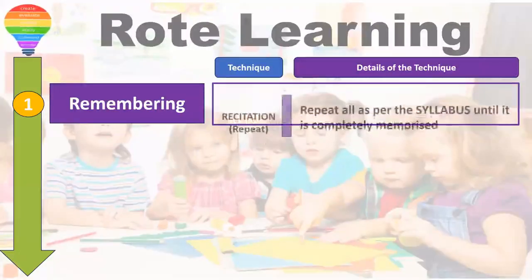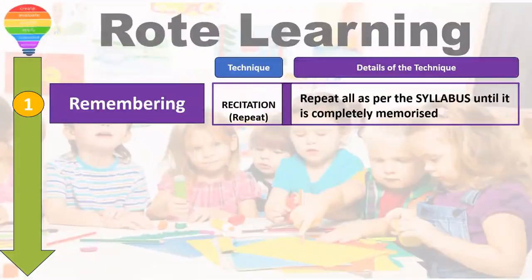Under remembering, what we do is simply ensure that recitation or repeating of things is done based on the syllabus of that particular class. Under this remembering, there is a two-way connection. Remembering improves the cognitive level.